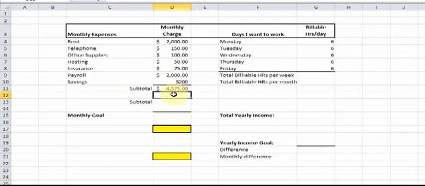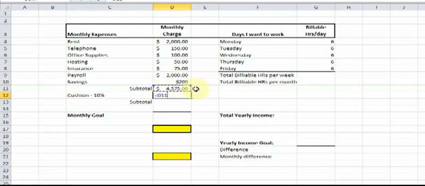Now I also highly suggest that you add a cushion in there. And here I'm going to do it in a percentage. You can do it as a dollar amount. You don't have to do 10%. You could do 2, you could do 5, whatever. But I'm just going to do a percentage of the subtotal.